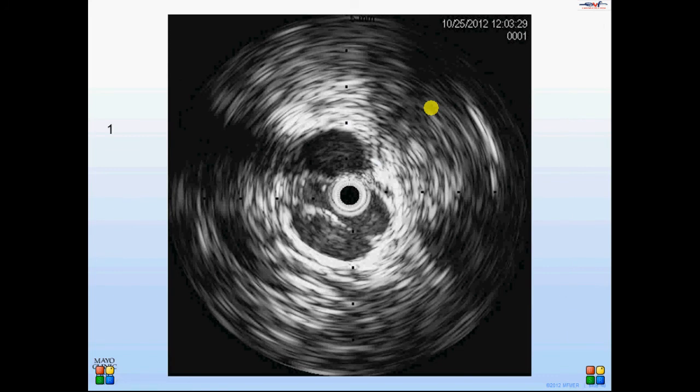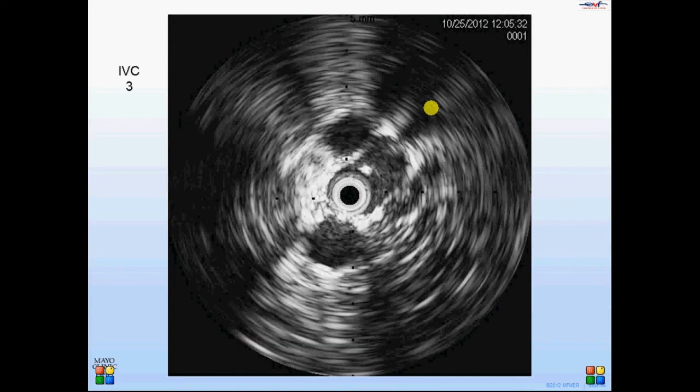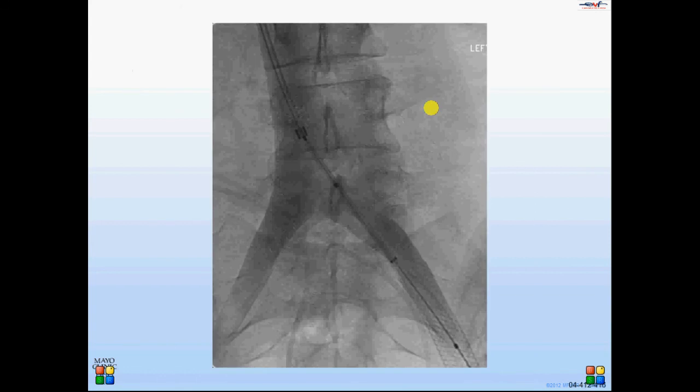I'm not going to go through any details here, but you can see septation that you could actually see on the images all the way up. And then if you were able to see this video, and you saw this from Dr. Naglund yesterday, the compression of the common iliac vein by the common iliac artery was very obvious.